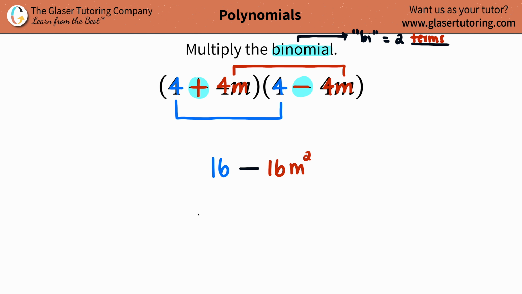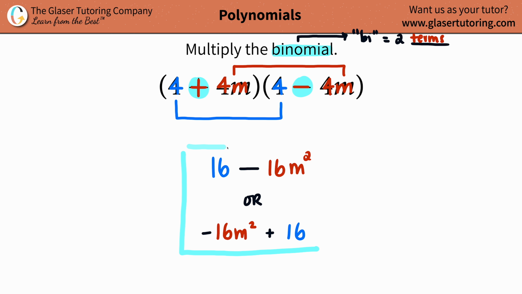So if you wanted to, you could also write negative 16m squared, and since this 16 is a positive value with no negative in front of it, it would be plus 16. But either way, they're identical, right? Just putting it into a different format if you wanted it in a different format, but you don't have to. The question didn't state it, so whichever one works fine for me.